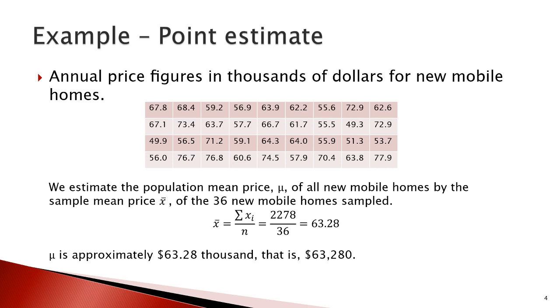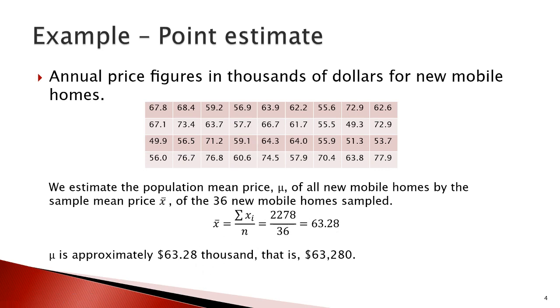Now we have the summation of prices as 2278 and the number of observations as 36, and if we divide 2278 by 36, we get 63.28 as x bar.